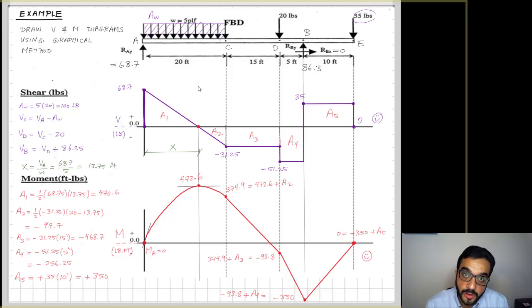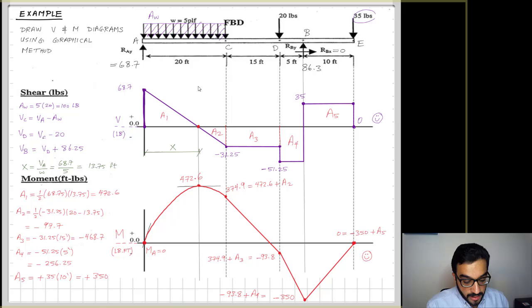Which means that I'm adding this positive 350 to the negative 350 moment at B, which brings me to a 0 value of moment. And I don't have a moment reaction at the end, so it stays 0. A 0 value means that's good news. That's my check that I have a correct solution.